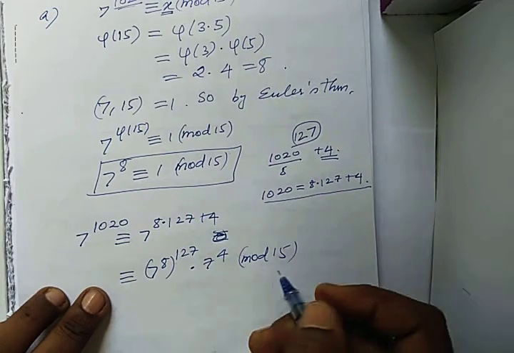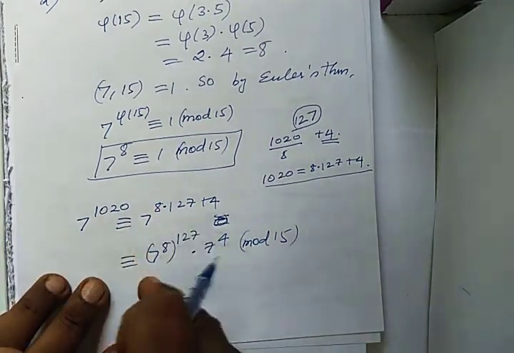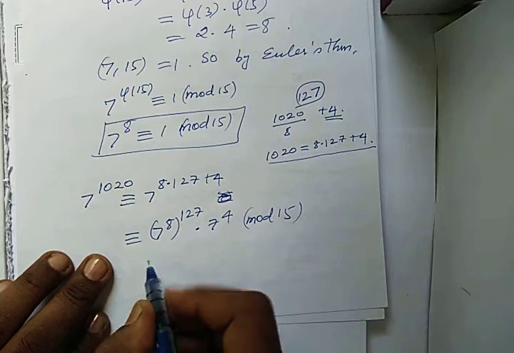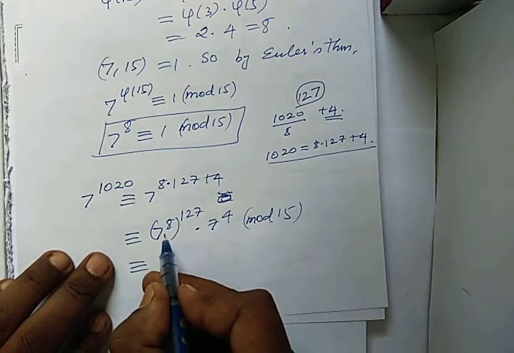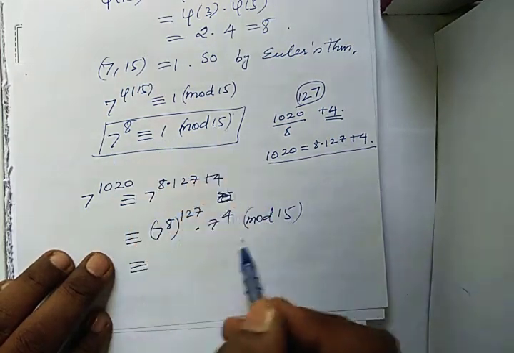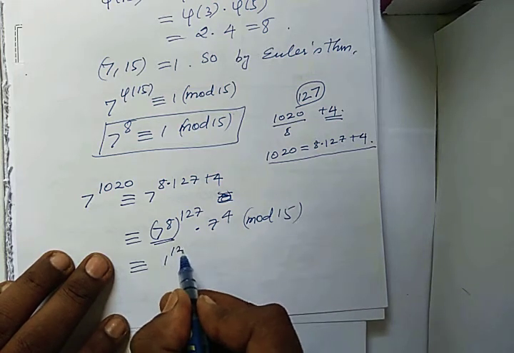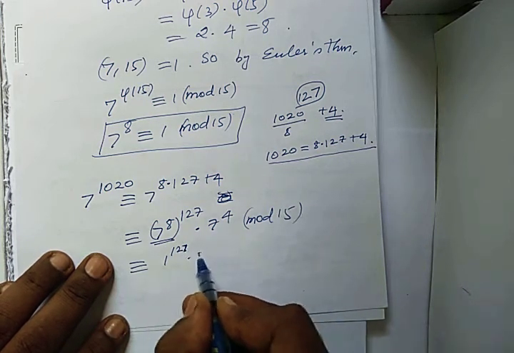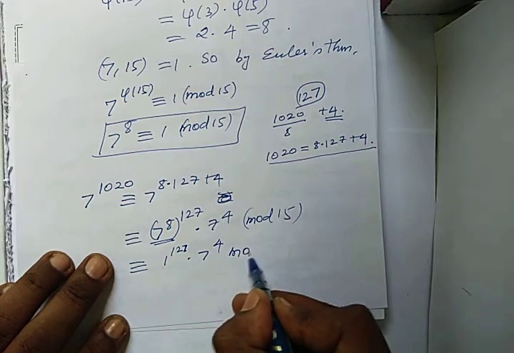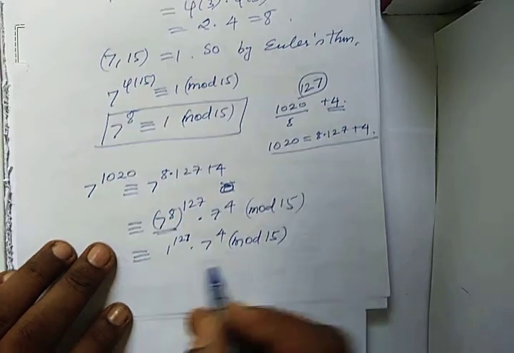You can put any number here because all are equal, right? Now you see this: 7 power 8 is congruent to 1 mod 15. So this is congruent to 1 to the power 127 into 7 power 4 mod 15.